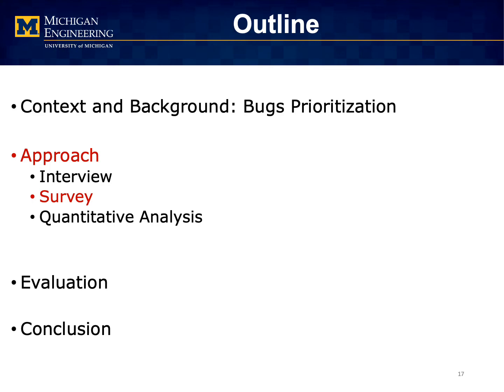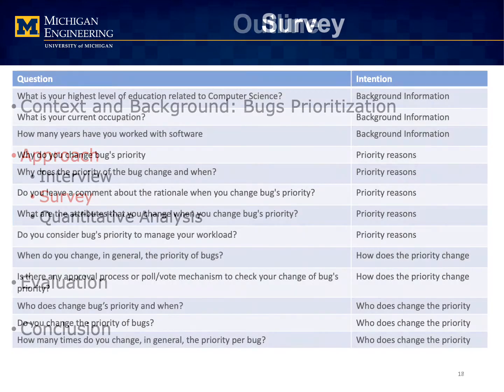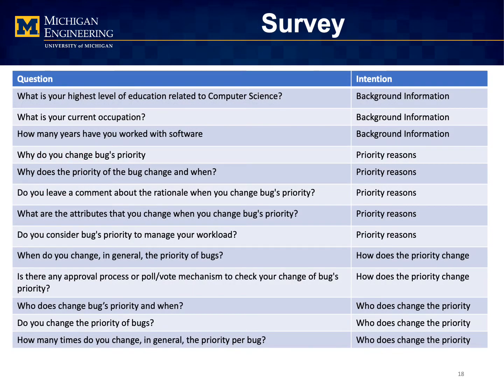The survey process. This is the list of questions we asked our participants to answer in the survey. The intention of the first three questions is to learn about the background of our participants, their education, and their number of years of experience.